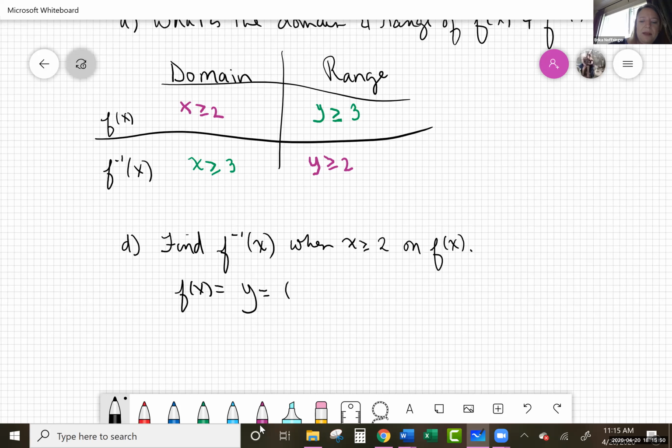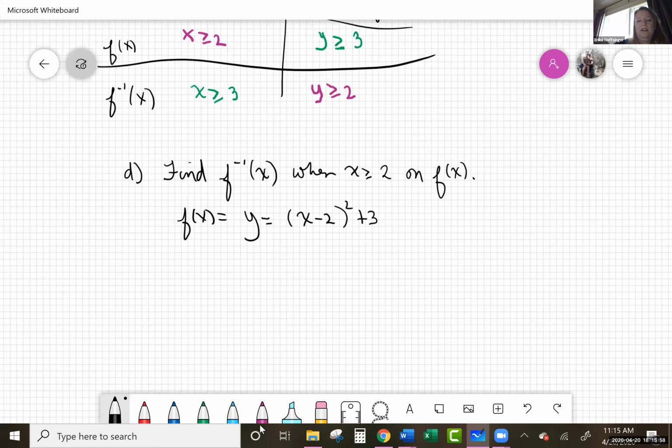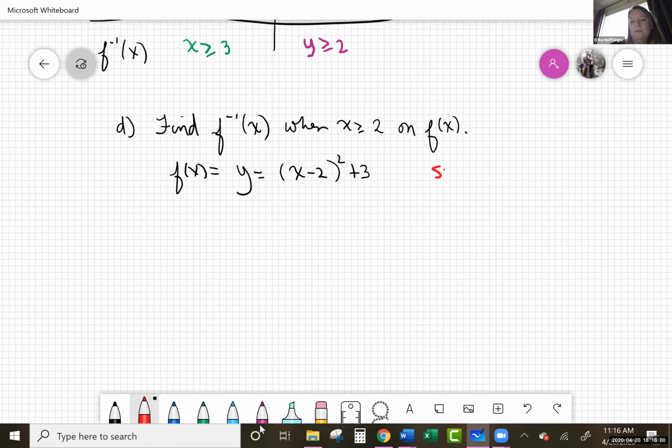And our equation had been x minus 2 quantity squared plus 3. Then we want to swap x and y. So this is now x equals y minus 2 quantity squared plus 3.